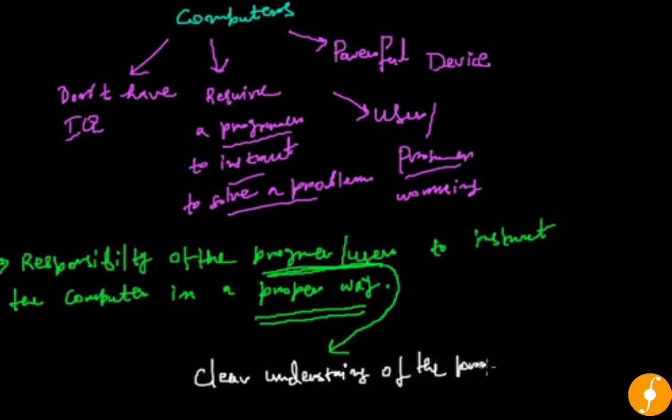Unless you understand the problem as a programmer, you cannot solve it. So the programmer or the user should have a clear understanding of the problem before giving the instruction to the computer. Now we'll discuss the various steps involved in solving a particular problem.